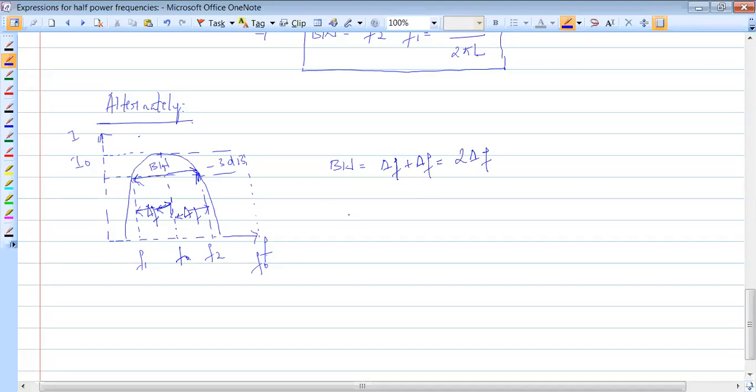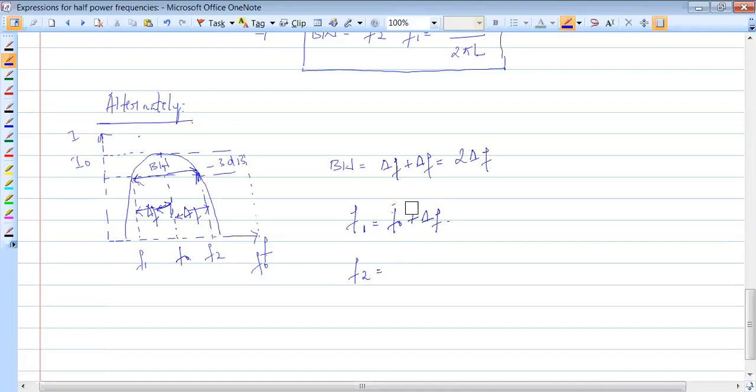Now similarly, what is f1 in terms of delta f? Everybody, what is it? F naught plus delta f. Sorry, it is minus, this has to be minus.